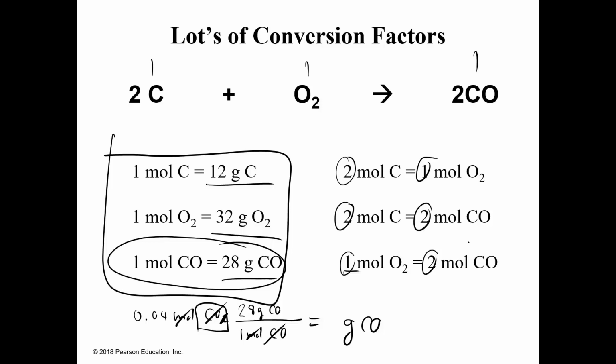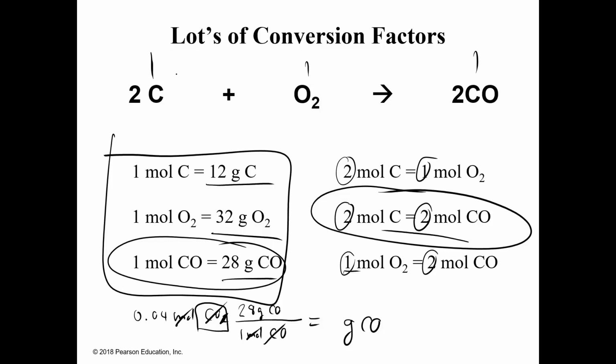Carbon to carbon monoxide? Yes, that's in a 1-to-1 ratio. So if I have 7 moles of carbon, I'm going to produce 7 moles of CO. But if I have 7 moles of O2, I'm actually going to produce 14 moles of CO, right? So that comes from the coefficients of the balanced equation.